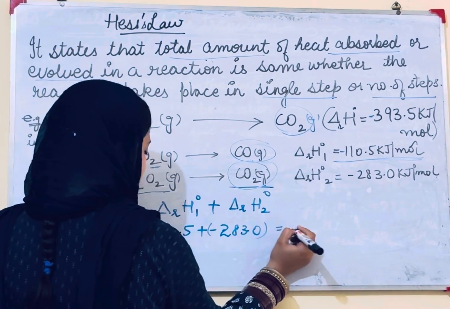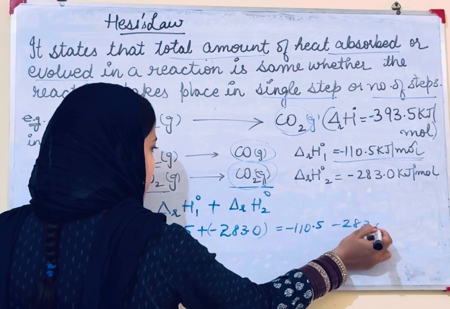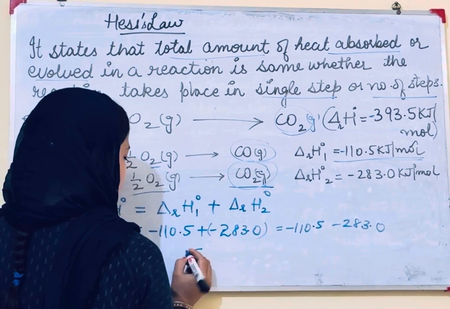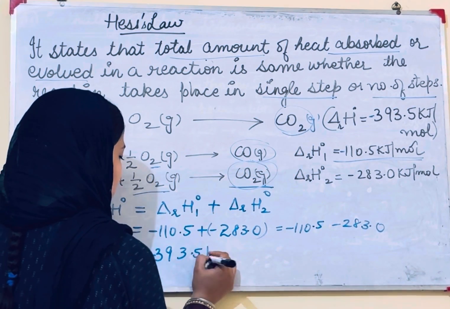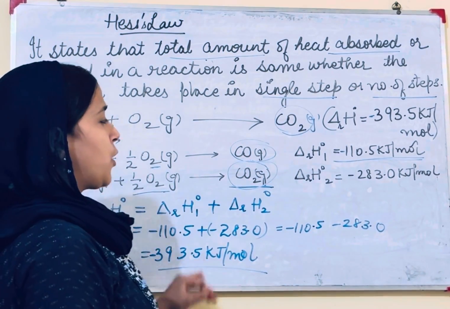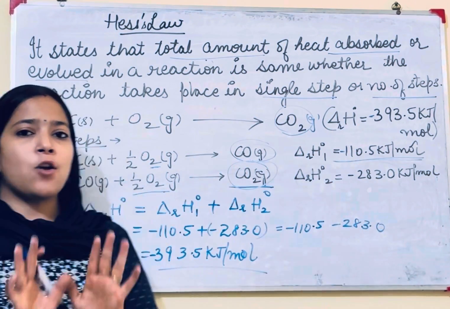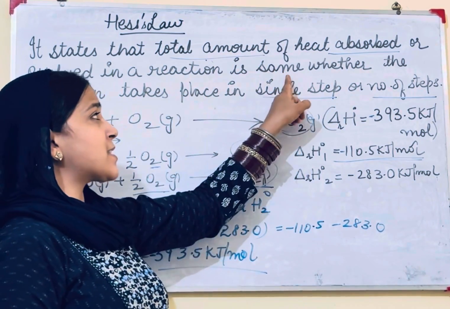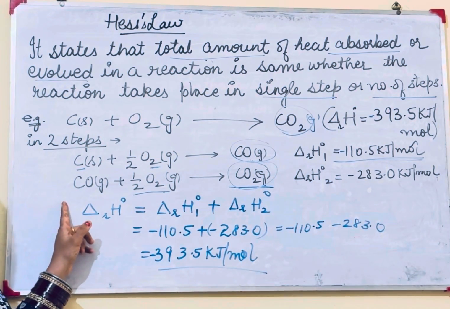On solving, what you get is minus 393.5 kilojoule per mole, which is similar to the enthalpy change when we did this reaction in a single step. So Hess law is verified: the amount of heat absorbed or evolved is the same whether the reaction takes place in a single step or in multiple steps.